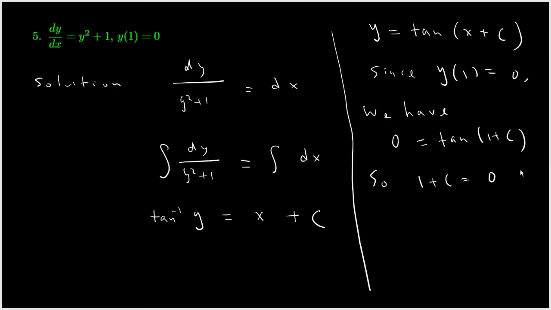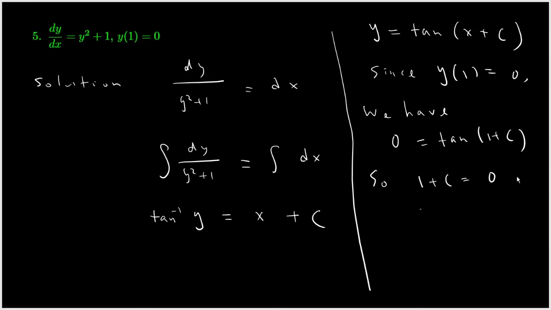It probably is easier to determine the value of c from here, from the general solution in that form. But I'm cheating a little bit. I will see if I can have a better solution. But I'm trying to say you take inverse tan on two sides of the equation. You have 1 plus c is equal to 0.